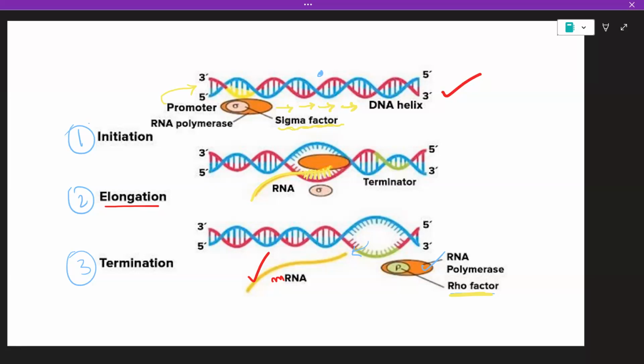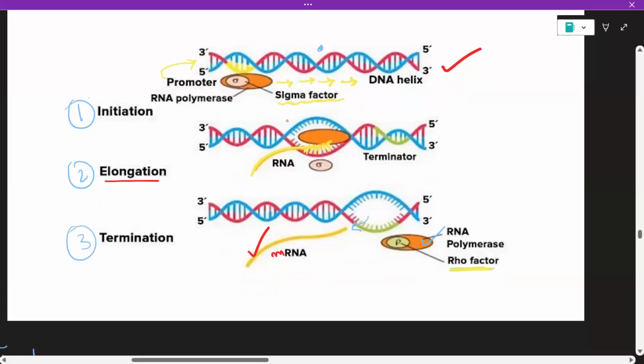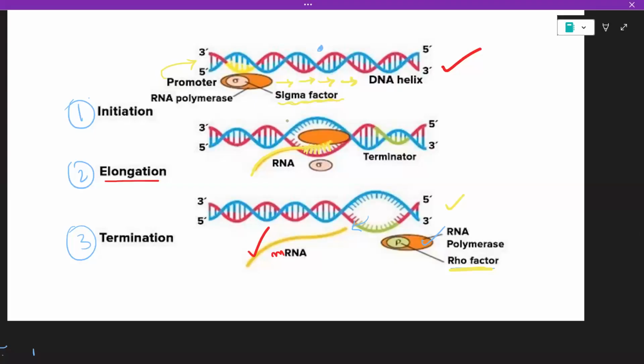This is what we call termination. At the end, the mRNA is coming out of the DNA. Utilizing the DNA template, the mRNA is being synthesized. That is why we say the enzyme used is DNA dependent, because the DNA is used as a template. So, DNA dependent RNA polymerase.